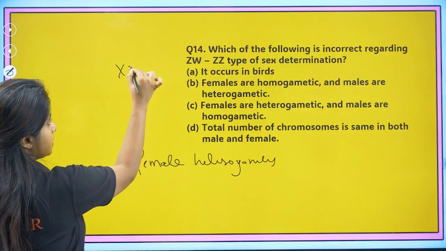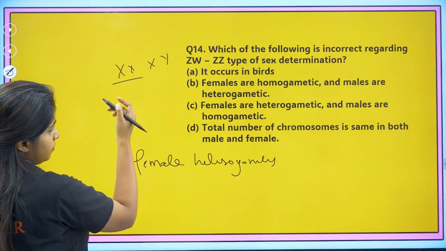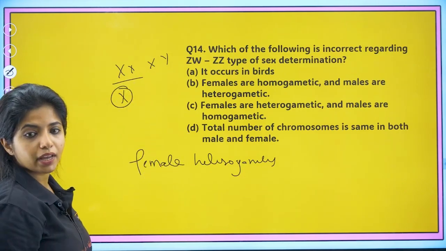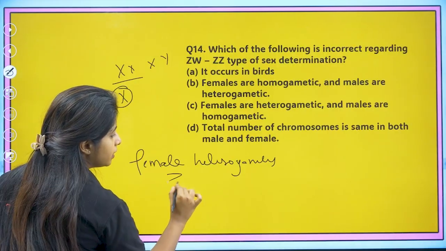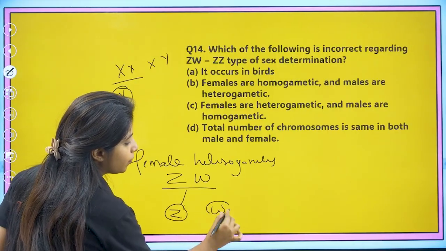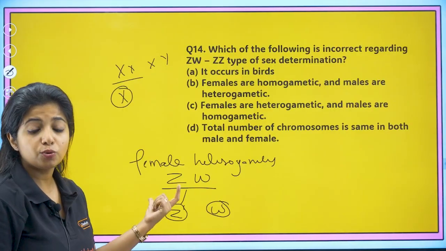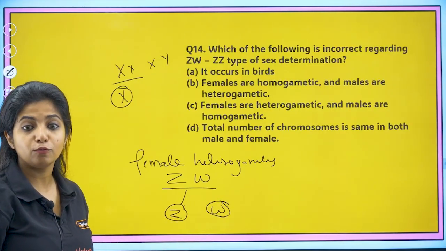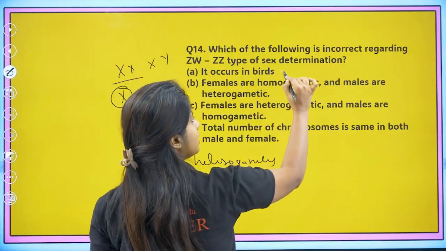Usually we see XX, XY in human beings, where females will be producing gametes having an X chromosome because they do not have anything else to give. But over here, they have ZW, so either they can give Z or they can give W in the gametes. This is known as female heterogamety. Heterogamety means two different types of gametes are being produced by the females. So it occurs in birds, correct, ma'am.